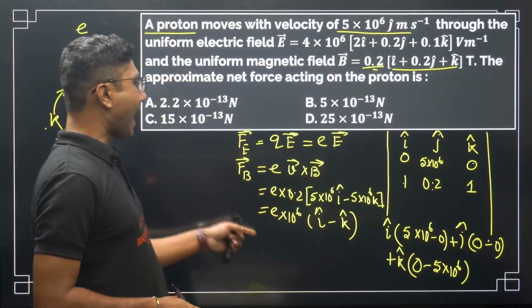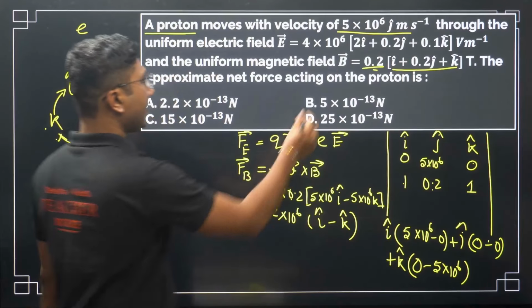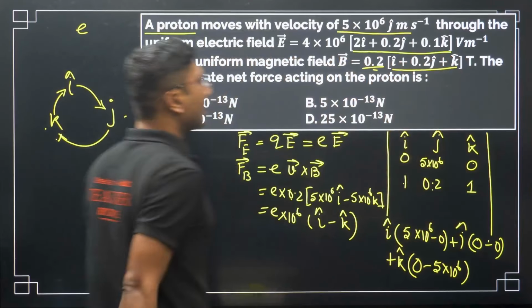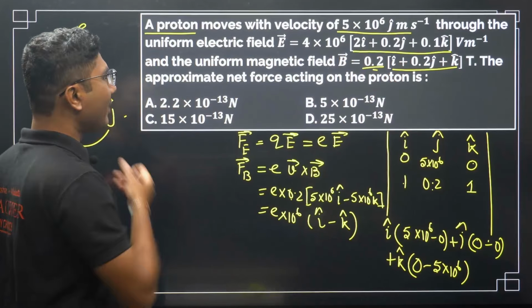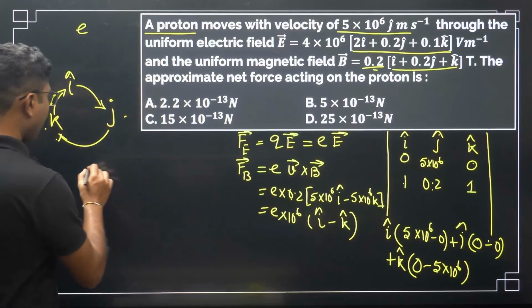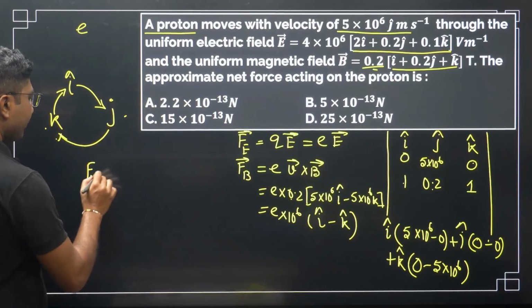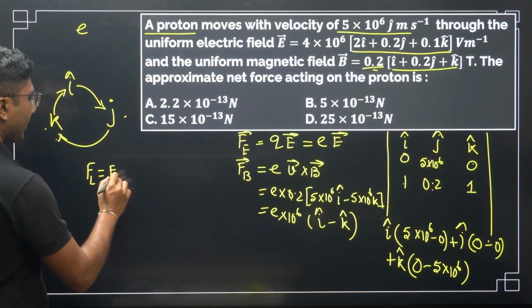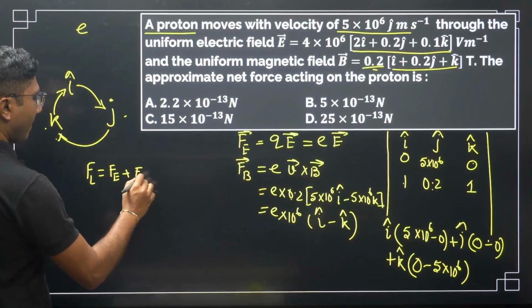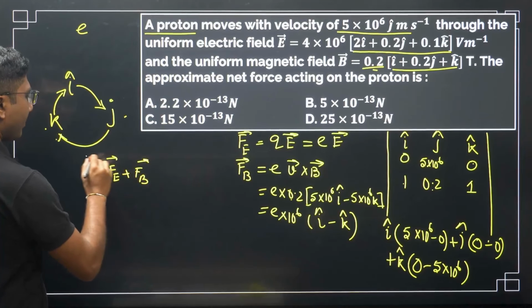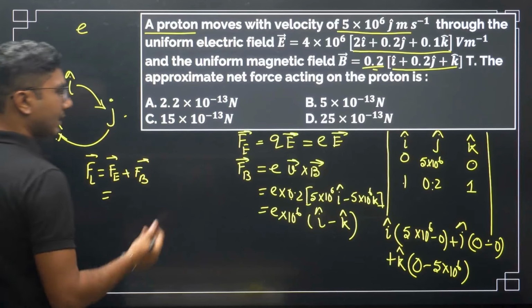Now let us add these two vectors. E vector is this one, right? Now let us add these two and see what we get. So the Lorentz force F equals Fe plus Fb. Remember, we have to find the magnitude, so we will do that in the last stage.